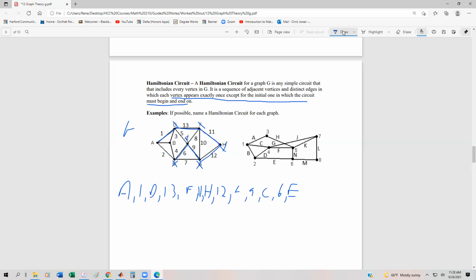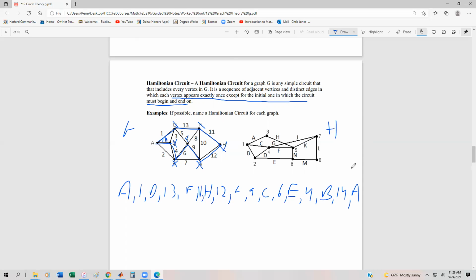So this is going to be 6 to E, and then 4 to B, and then back to A. I'm going to call this 13 or 14, I guess, because it wasn't labeled. 14 to A. So that would be one of our Hamiltonian circuits for this graph G.